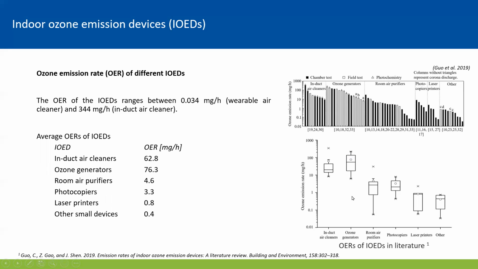And the room air cleaners and the photocopiers have comparable ozone emission rates and are much lower than the ozone generators and in-duct air cleaners, with an average at around 3 or 4 milligrams per hour. And the laser printer and other small devices have the lowest emission rates.